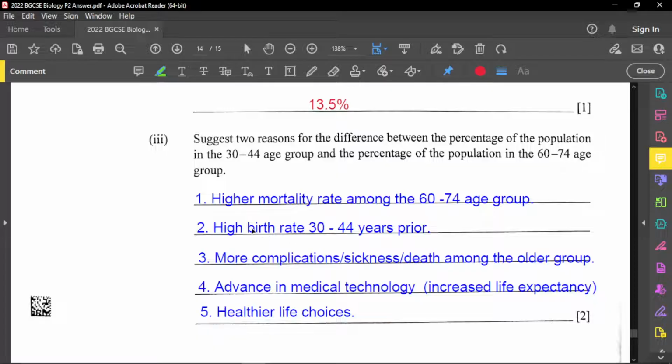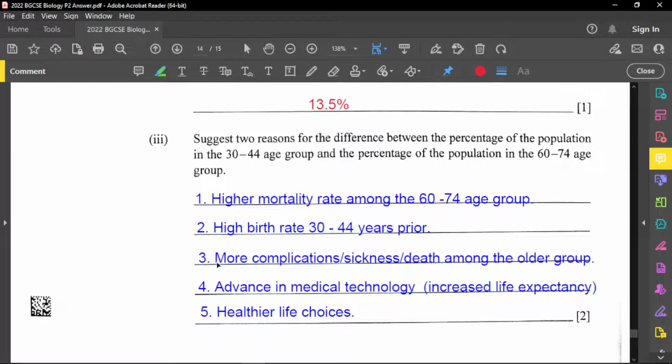And also you could have a higher birth rate 30 to 40 years prior. That means a lot of persons were born at that time, so by the time they reach 30-something, the population will be high, providing there's no death.